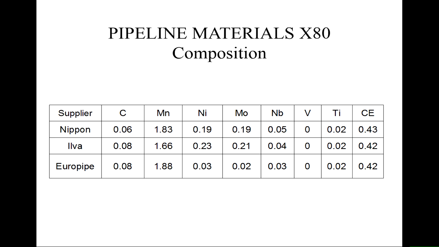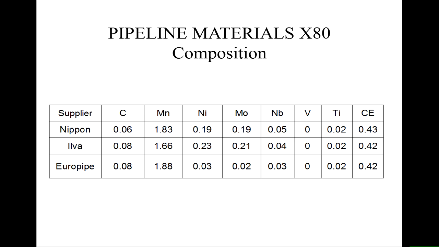They've dropped the manganese content a little bit. And the Ilva composition is somewhat different, and they've achieved things with less manganese but more of these other alloying elements. But the key point, if you look at it, is this carbon equivalent, which is effectively the weldability measure, in this case, is the same.